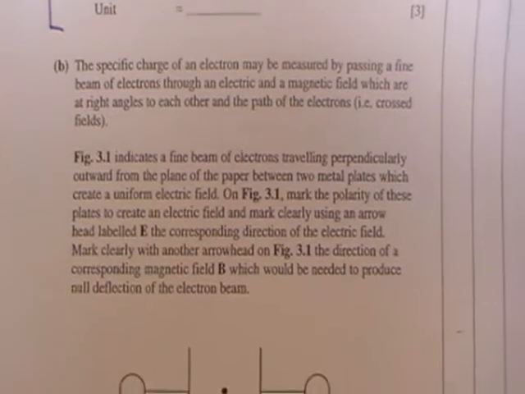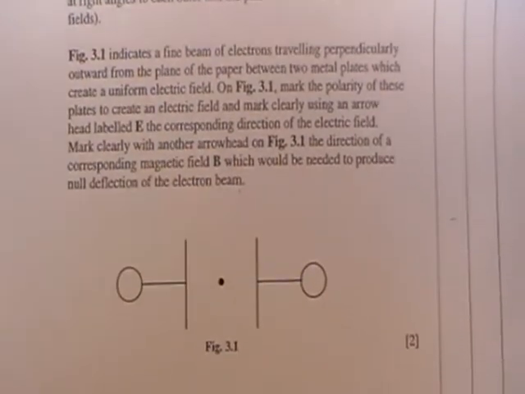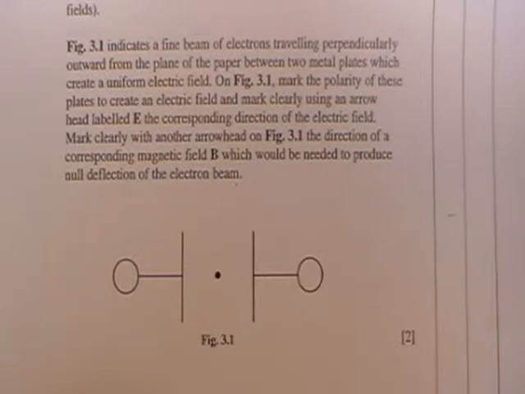On figure 3.1, mark the polarity of these plates to create an electric field and mark clearly using an arrow head labelled E the corresponding direction of the electric field. Mark clearly with another arrowhead the direction of the corresponding magnetic field B, which would be needed to produce null deflection of the electron beam.